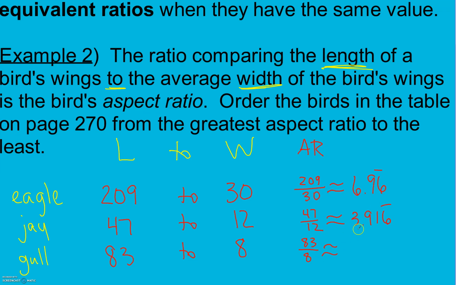And for the gull, I get 10.375. So from greatest to least, we have gull, then eagle, then jay.